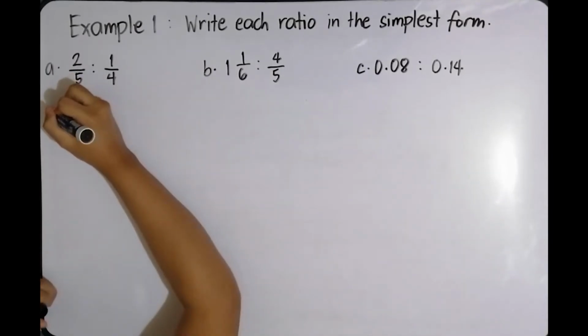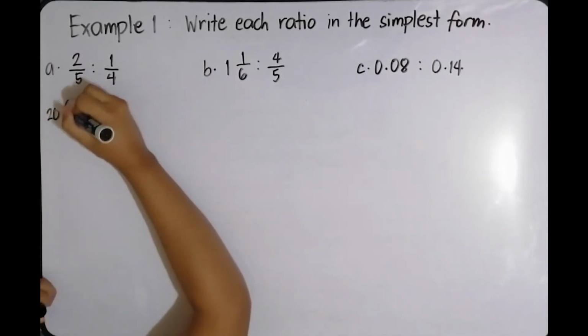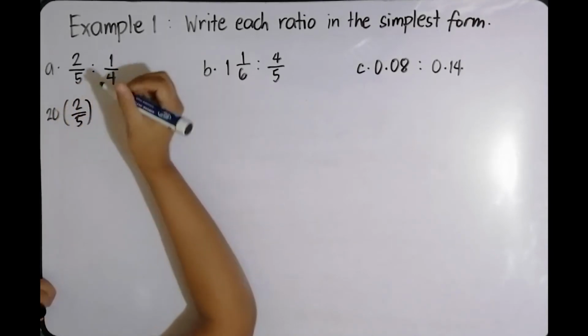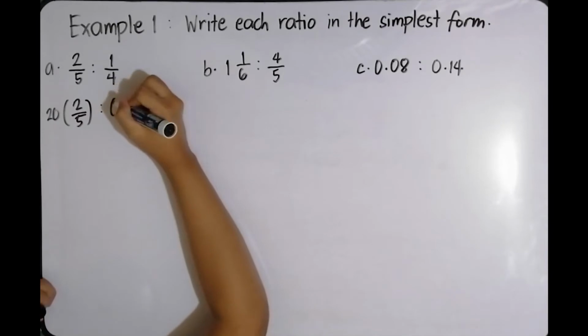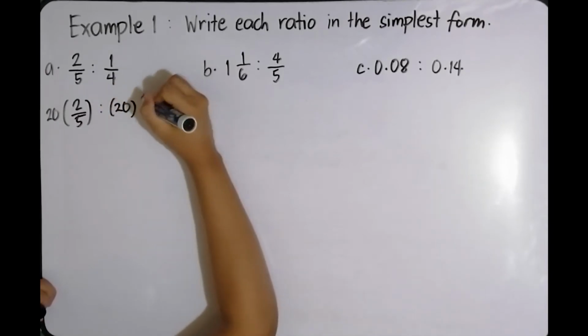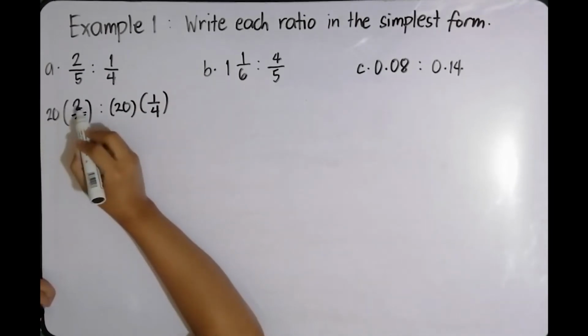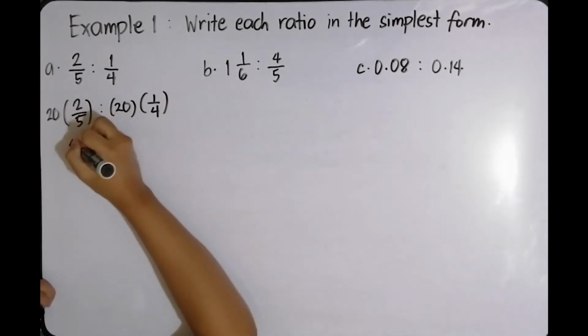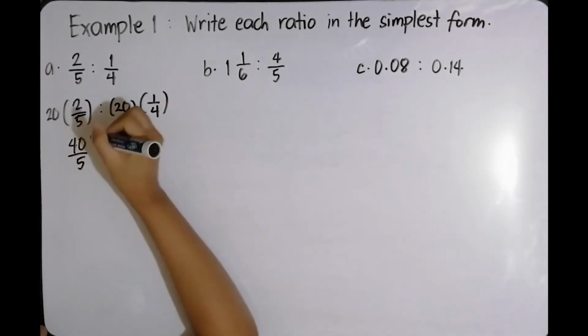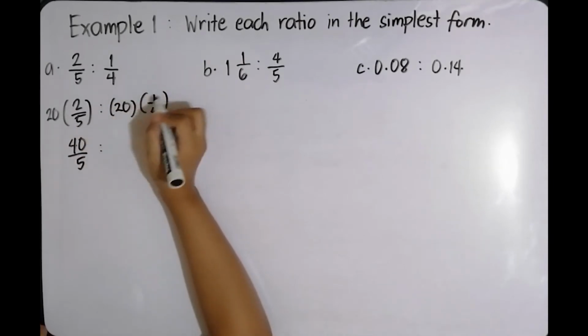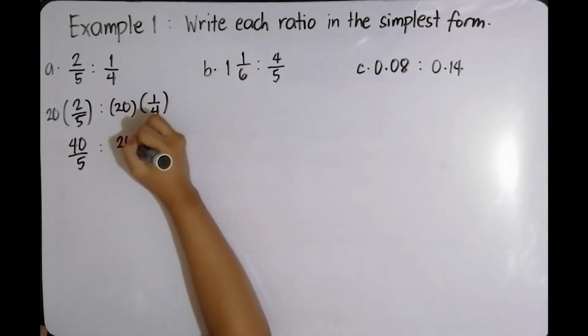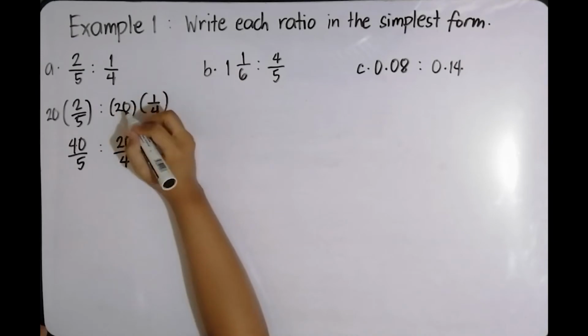Let's multiply the LCM to both fractions. We have 20 multiplied by 2 over 5 is to 20 multiplied by 1 over 4. So 20 times 2 is 40 over 5 is to 20 times 1 is 20 over 4.